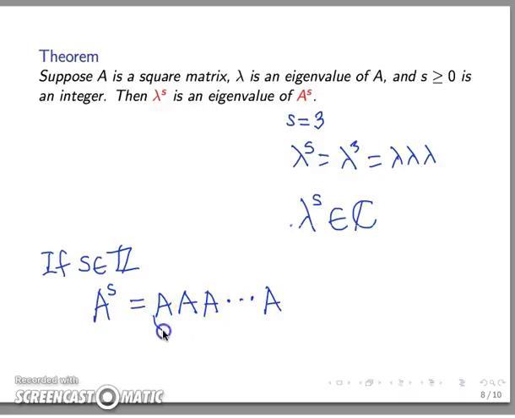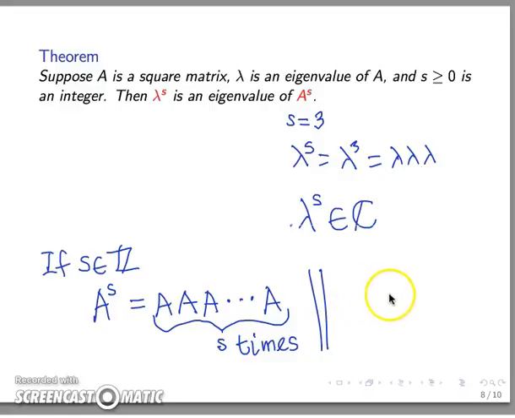So multiplying A in matrix multiplication S times, that's what this exponent denotes. A to the S is a new matrix obtained after you multiply the matrix A times itself.